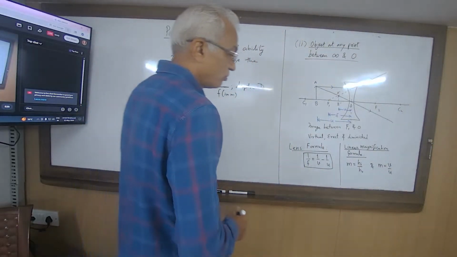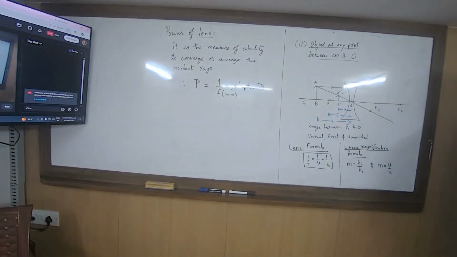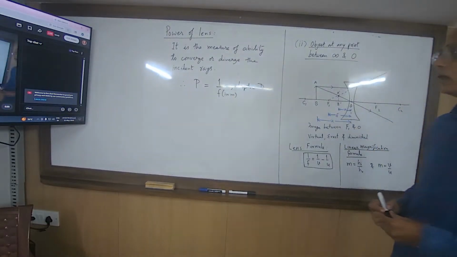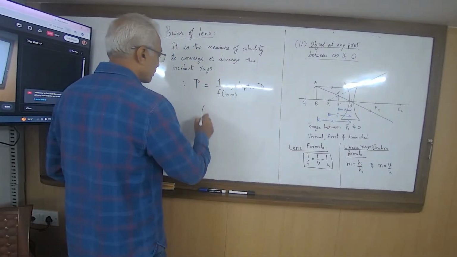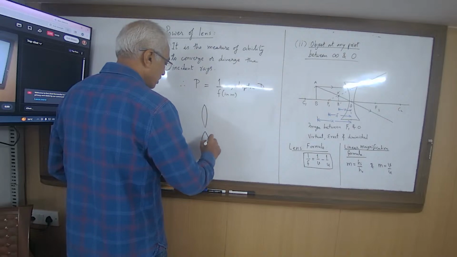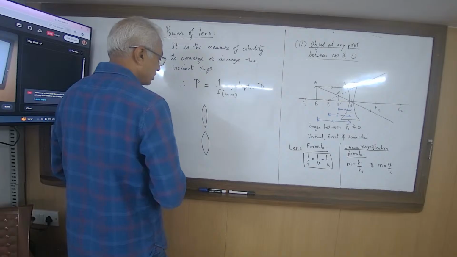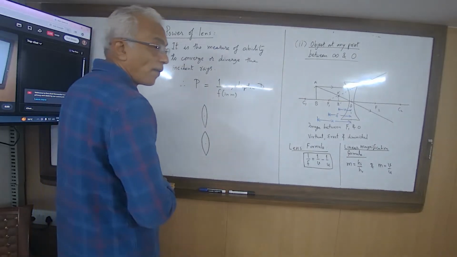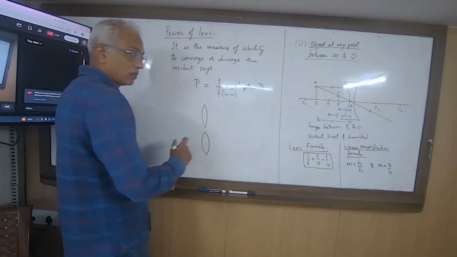Which lens should have more power, thin or thick? Thin should have more power. Really? So this is thin, this is thick. Which will have a short focal length, thin or thick? Thin will have a short focal length.